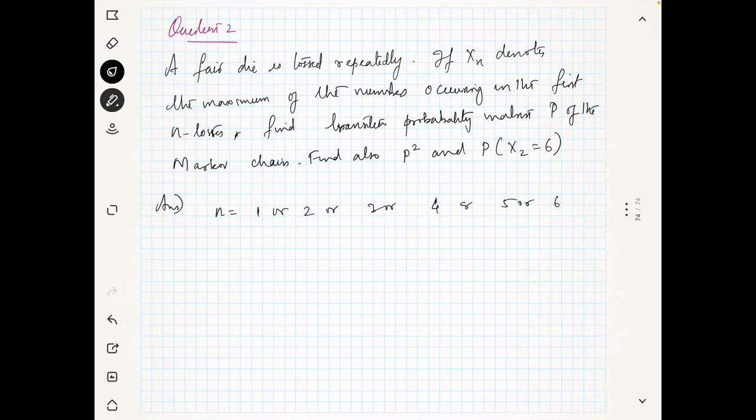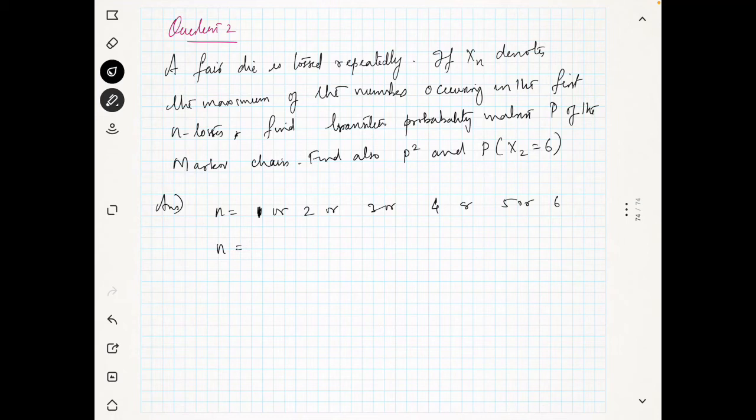Suppose you get 1 for the first trial, then for the second trial this 1 will be excluded. If you get 3, the second trial will contain 4, 5 or 6, because you are taking only the maximum of the numbers occurring in the first n tosses.